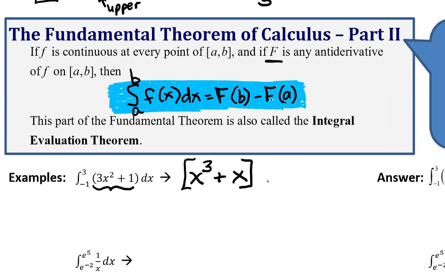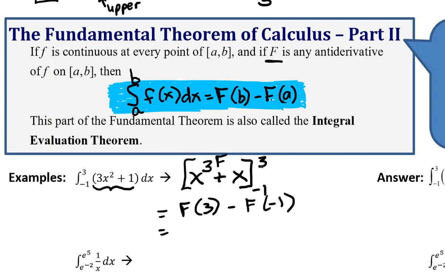That's our antiderivative. And now we use this notation to show that we still have to do the step where we're going to substitute 3 into our capital letter F. So this glob here, this binomial, is our antiderivative. And now we're going to take that F of 3 minus the F of negative 1.